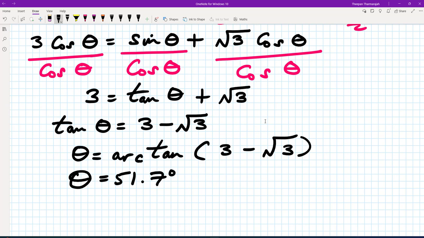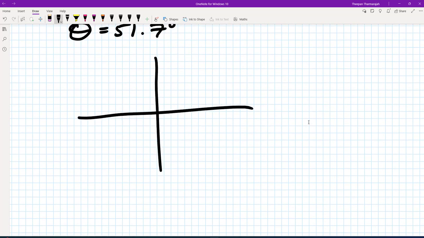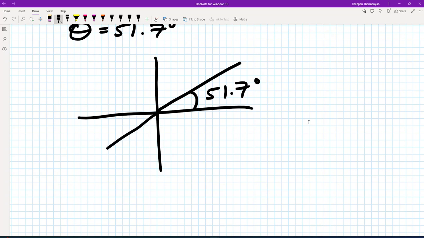And now we're going to use the cast diagram for that. So let's draw a cast diagram here. So where is tan positive? It's positive in the first quadrant, so 51.7 degrees there. And it's also positive in the third quadrant.